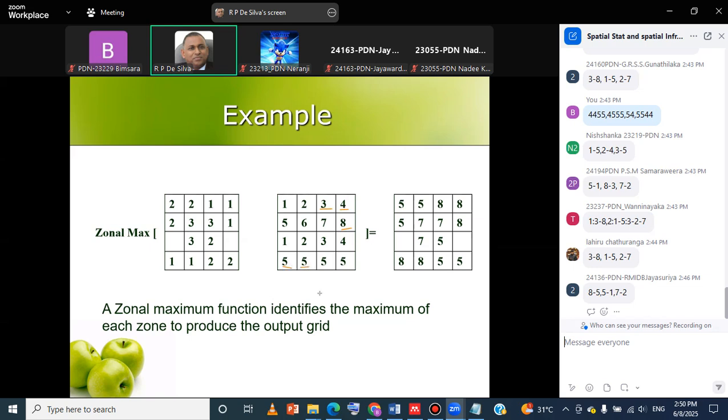So range means we need to look at the maximum value in this zone. What is the maximum value? 8. And we look at the minimum value. Minimum value is 3. So the values in this zone are from 3 to 8. Maximum is 8, minus 3, the range is 5. All the values are distributed over a range of 5.